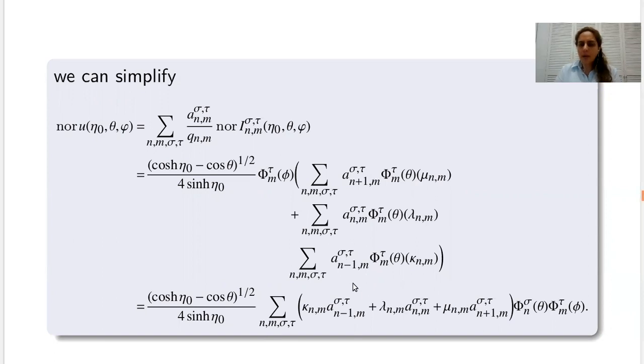And then it's equal to this expression, which includes the toroidal Neumann coefficients that we denoted already by kappa, lambda, and mu. I mean, we defined already what kappa, lambda, and mu are. So norm u of eta naught, theta, and phi will be equal to this expression.